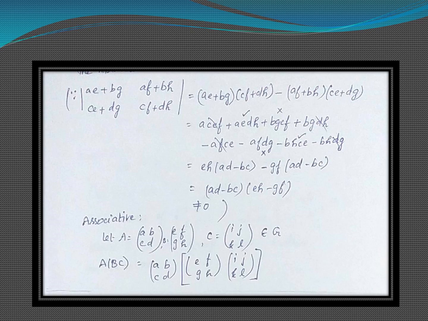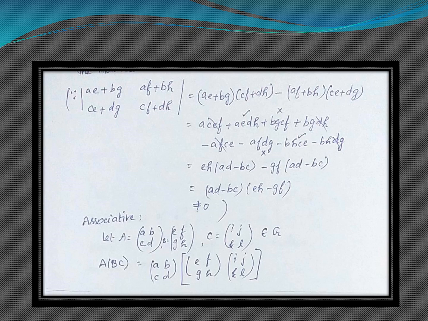On simplification, we get the result EH into AD minus BC minus GF into AD minus BC, which is equal to AD minus BC into EH minus GF. These two elements are not equal to 0. Therefore, the product of these two elements is also not equal to 0. Therefore, the determinant of the multiplied matrix is not equal to 0. Therefore, the multiplied matrix belongs to G. Hence, matrix multiplication becomes a binary operation on the set of all 2 by 2 non-singular matrices.